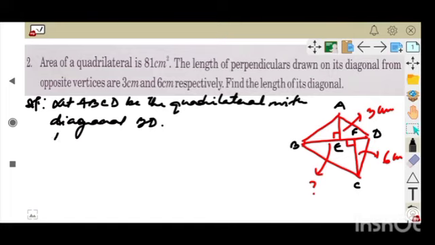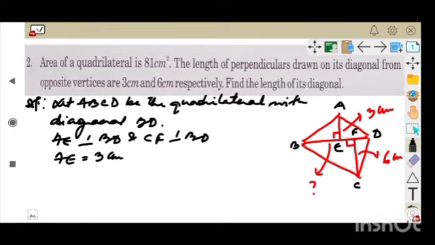And here AE perpendicular to BD, and CF again perpendicular to BD. The question gives that the lengths of the perpendiculars are 3 centimeter and 6 centimeter. So AE is 3 centimeter, and CF is 6 centimeter.